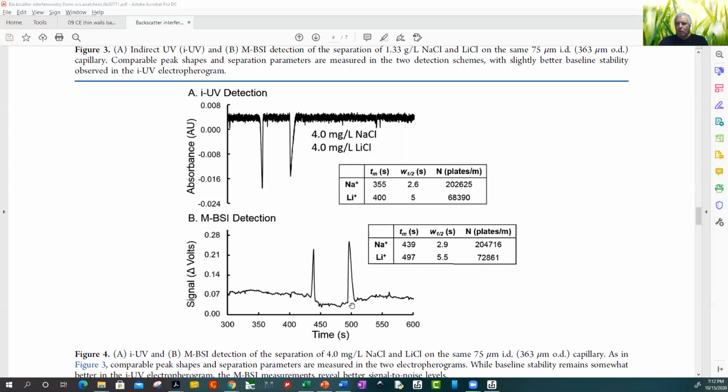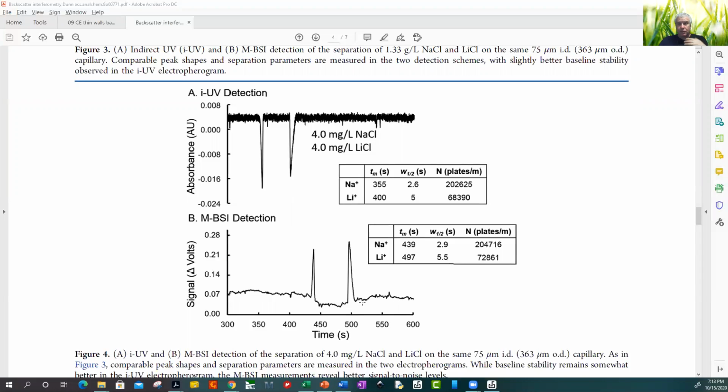So now what? Here, this drift in this signal. Let's assume for the moment that it's a physical property of the solution in the capillary. It might not be.